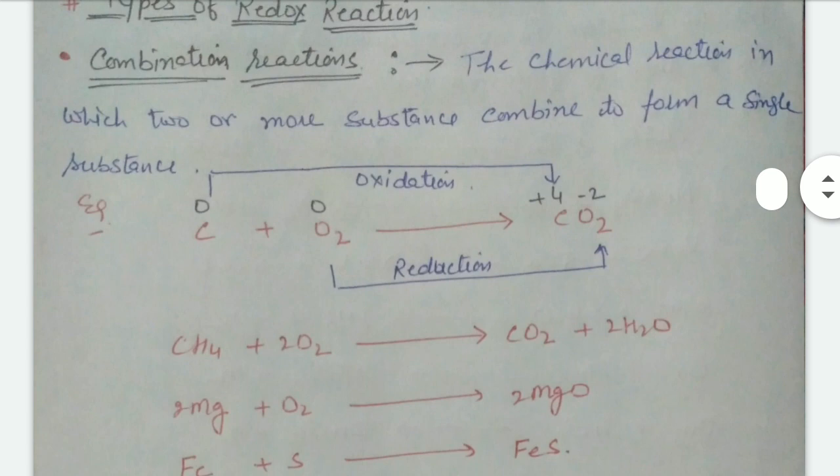There are some common examples of combination reactions, like carbon combusting with oxygen to form carbon dioxide, where the oxidation number of carbon is 0 and oxygen is also 0. But in the compound CO2, carbon has a +4 oxidation number and oxygen has a -2 oxidation number.